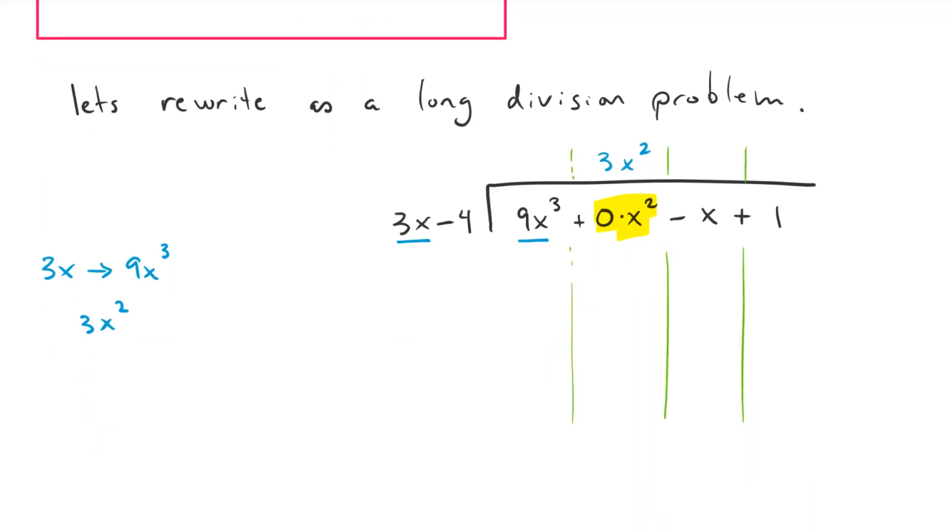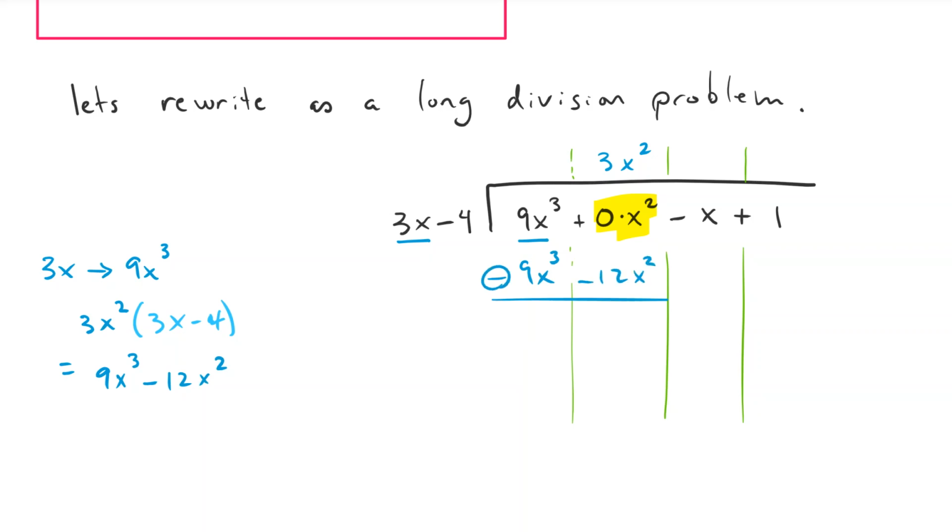So 3x squared multiplied by 3x minus 4 gives us 9x cubed minus 12x squared, which we put here below the 9x cubed plus 0x squared. 9x cubed minus 12x squared.